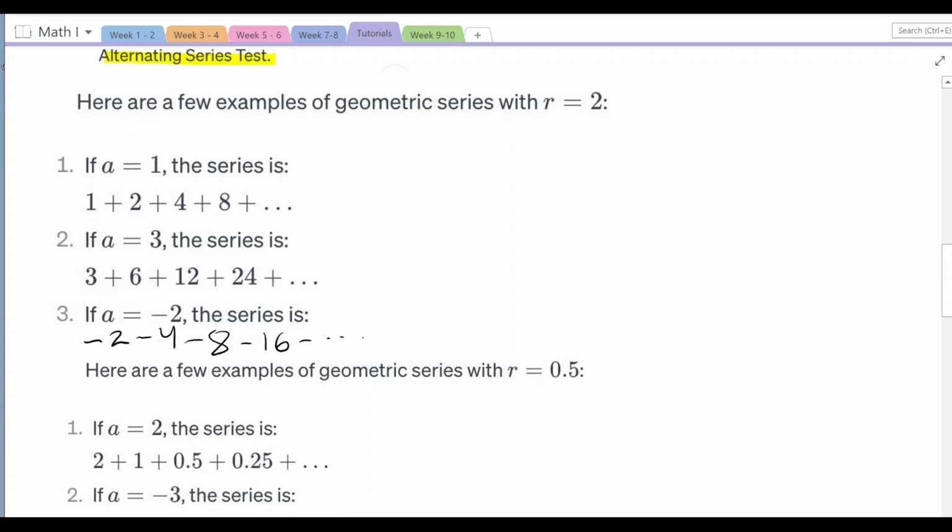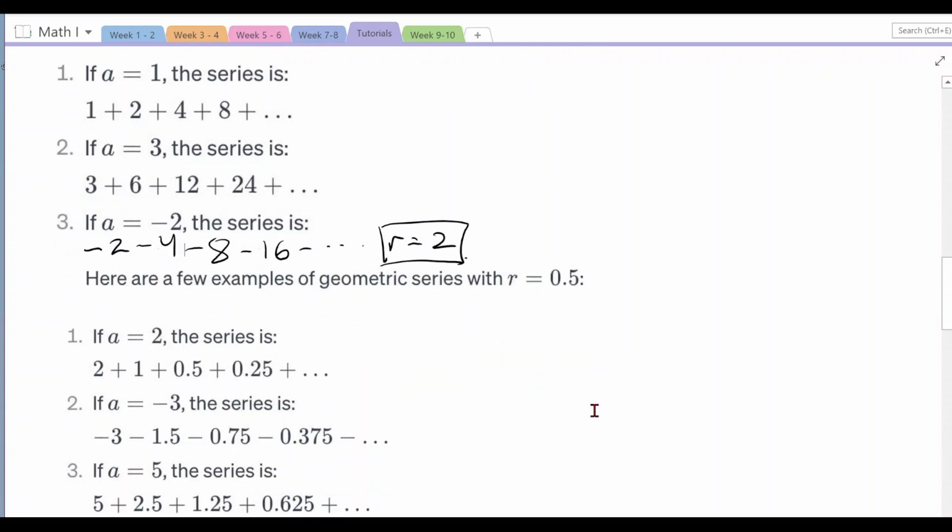As you can see here, the ratio is also 2. Starting from a equals negative 2, the ratio r is still 2.